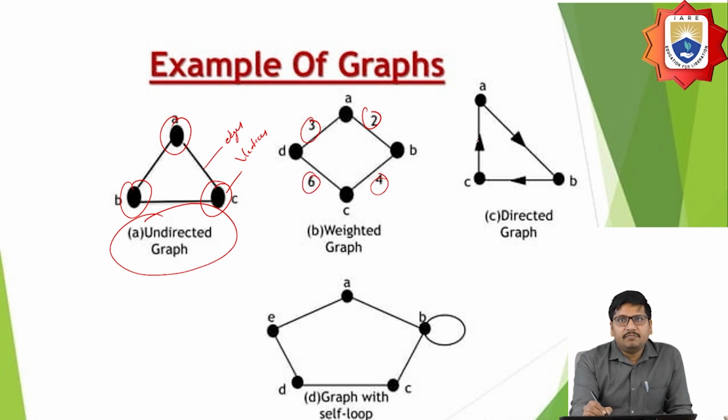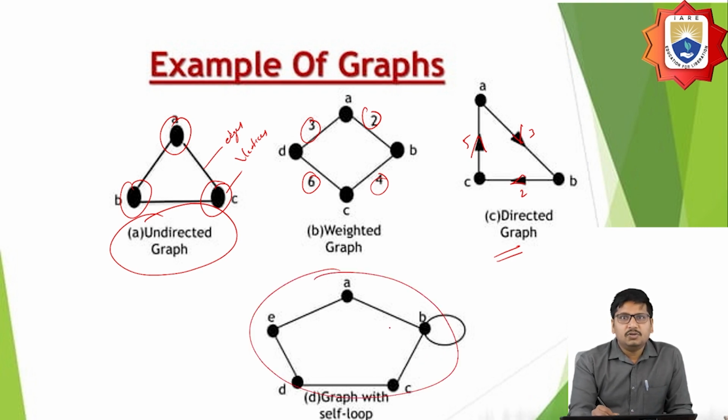Directed graph means we assign directions along the edges. Similarly, if I assign weights along this graph, it should be treated as a weighted directed graph. And then a graph with a self loop: in this graph, if I assign a loop, we call it a graph with a self loop.